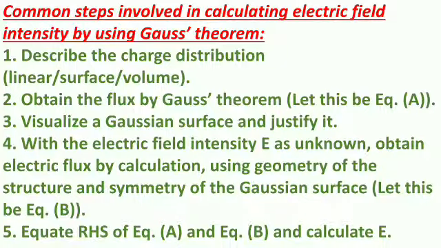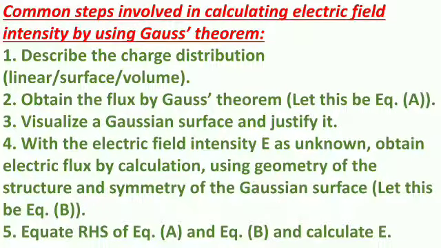There are common steps involved in calculating the electric field intensity by Gauss's theorem. So what is the first step? Describe the charge distribution, that is linear, surface or volume. Just now we have described that. Second step, obtain the flux by Gauss's theorem. As we have already obtained that. Third step is to visualize a Gaussian surface and justify it.